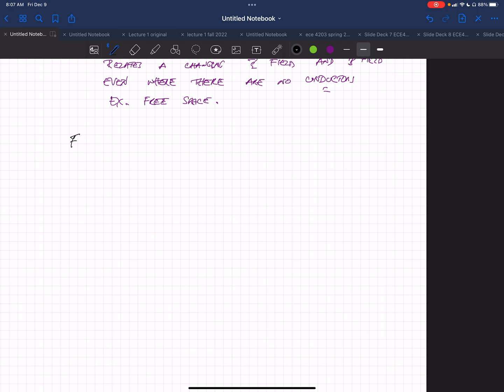So we still have Faraday's law, which didn't change. So that's del cross E. The curl of E is the change in the magnetic field with respect to time. Gauss's law didn't change. So that's del dot B is equal to 0.